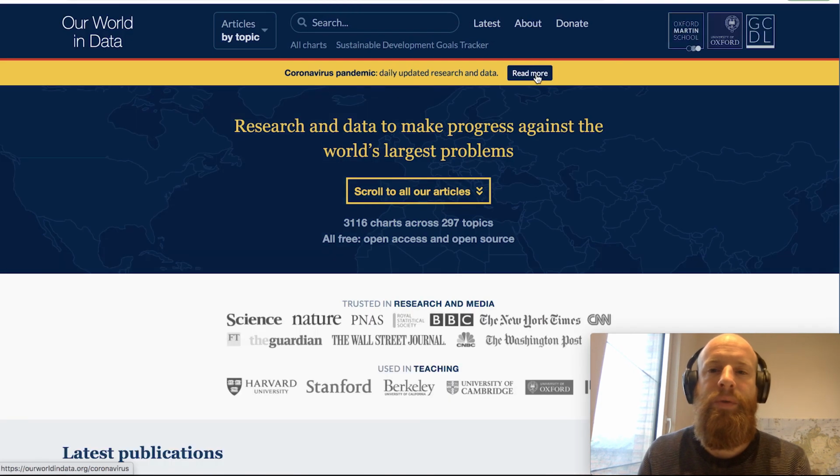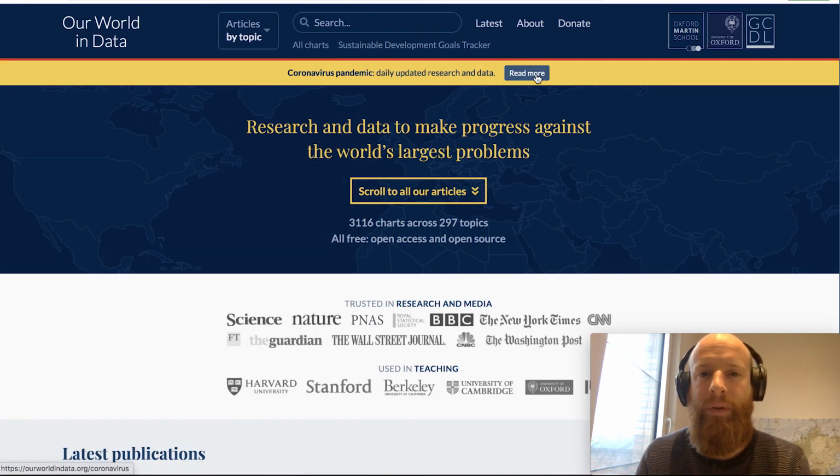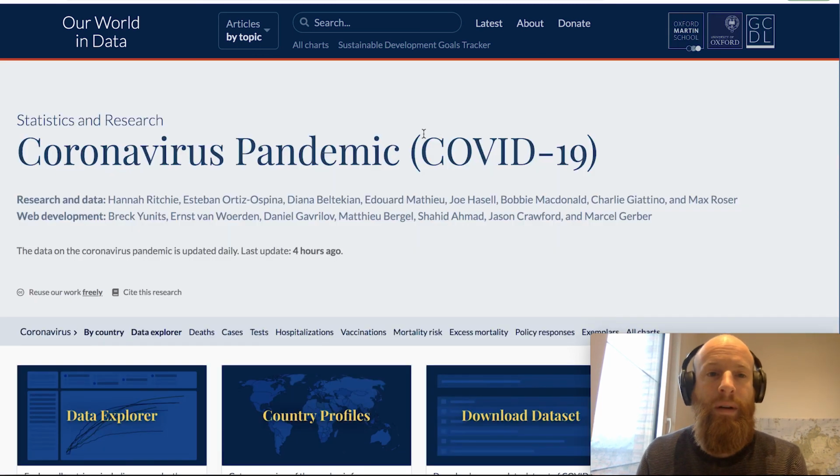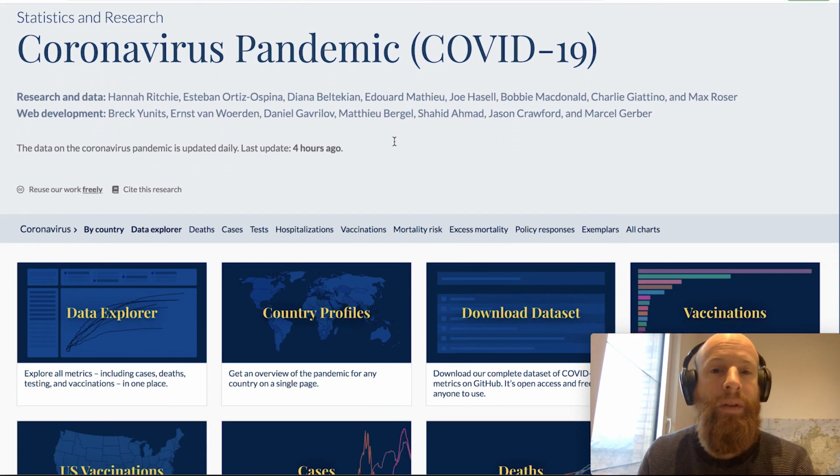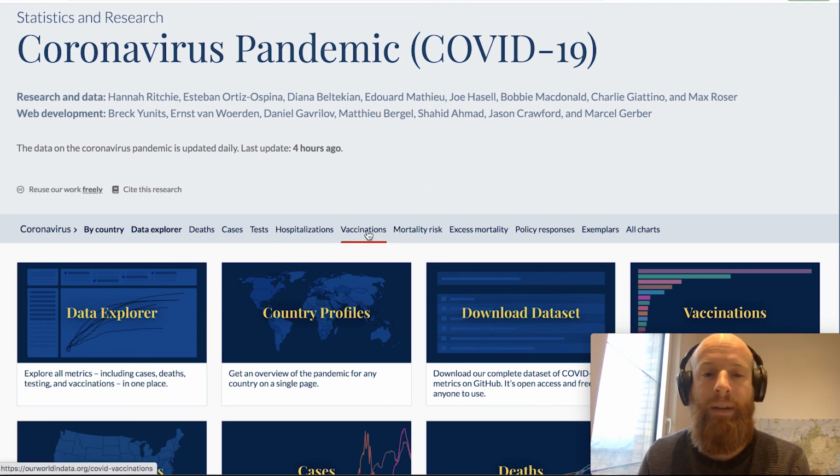And I'm going to use vaccination data, but for COVID-19 here, from Our World in Data, which is an excellent website, an excellent source of not only COVID-19 related data. They have many data sets, many of them about global health.